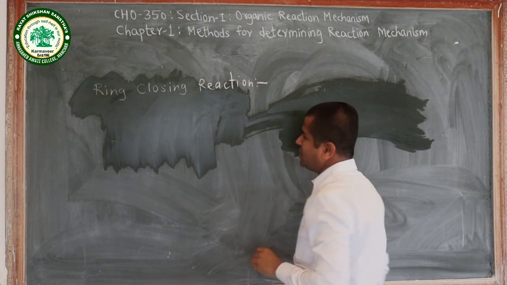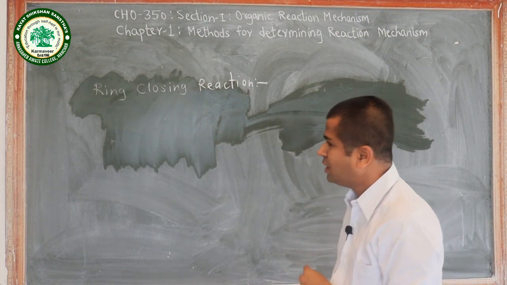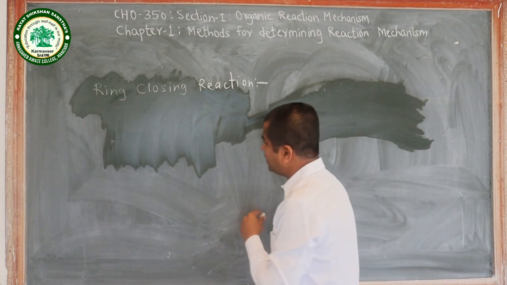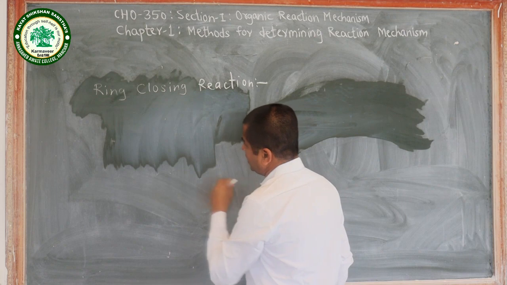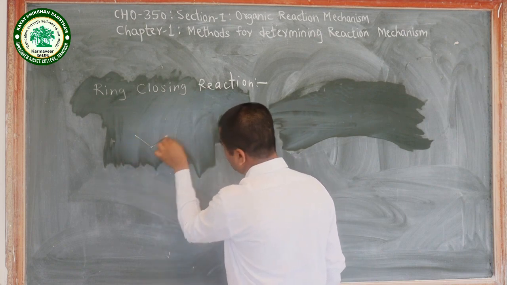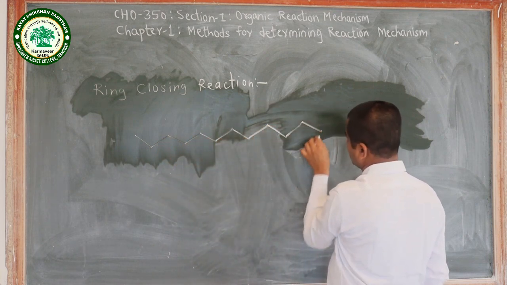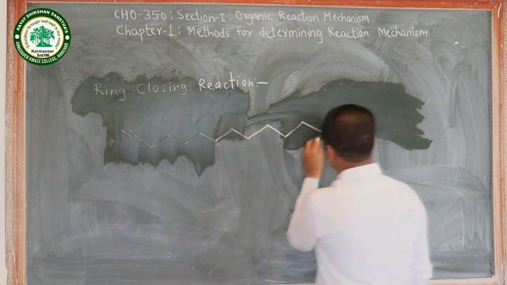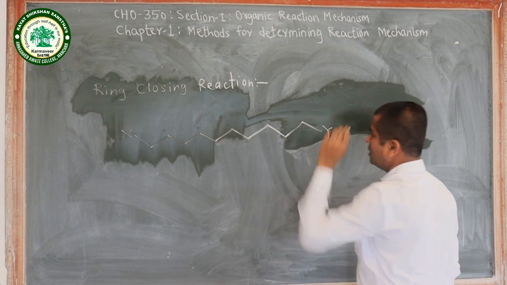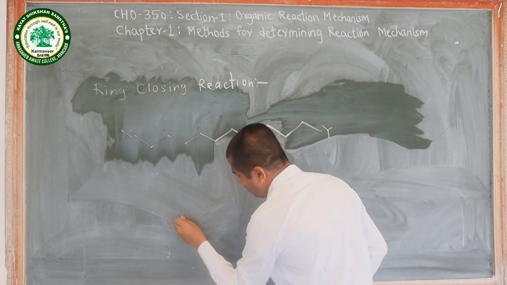Now we consider two similar substrates for a ring closing reaction and compare the rates of reaction of those substrates. For example, we have a 10 carbon chain compound, and we take another substrate, a 6 carbon chain compound.